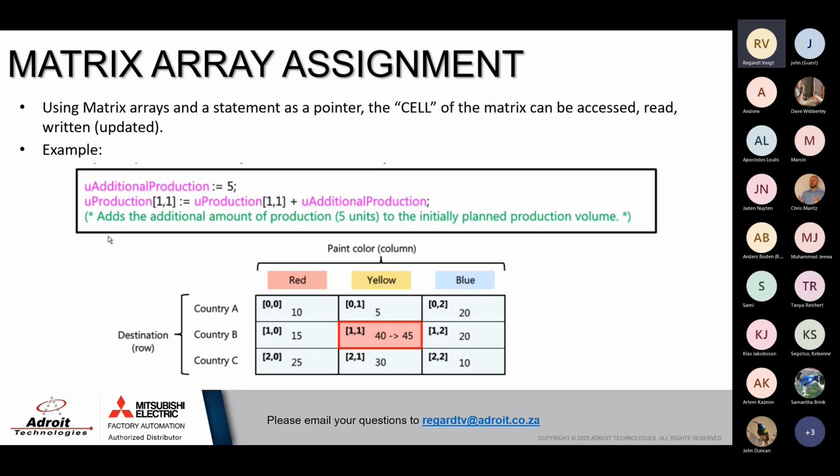For instance, let's say you want to add the value 5 to cell 11. Then you would call that cell value, add your 5 to it, and store it back into that same value. So this cell is updated from 40 to 45. Just a simple example of how to do that.